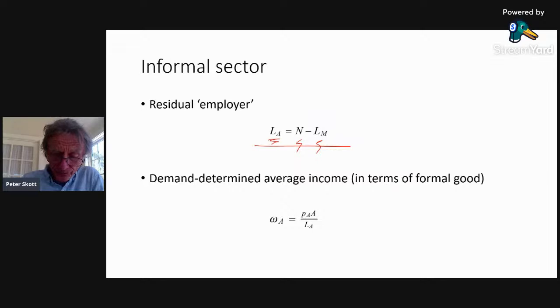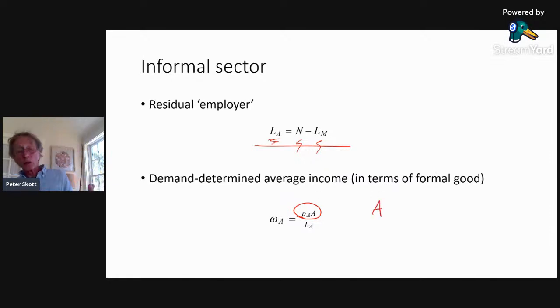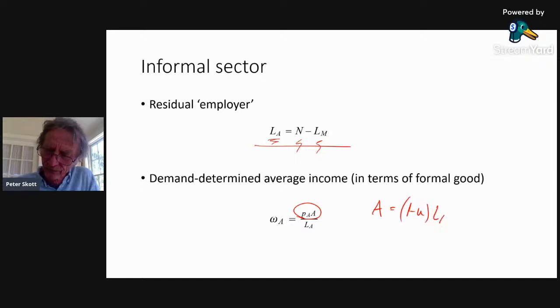Average income in the informal sector is demand determined. So if A is real output in the informal sector, given the way I later on specify the demand structure, I don't actually need to say anything specific about the production function, but there's no harm in thinking of it as just constant returns to labor, but where you may have underemployment.